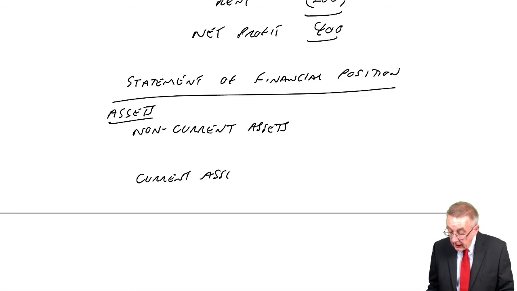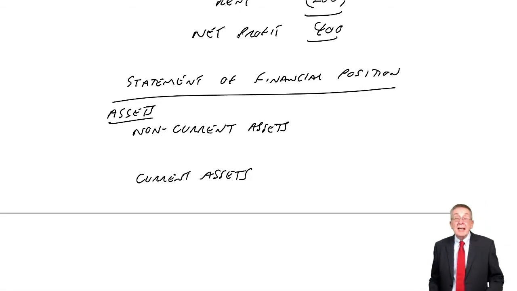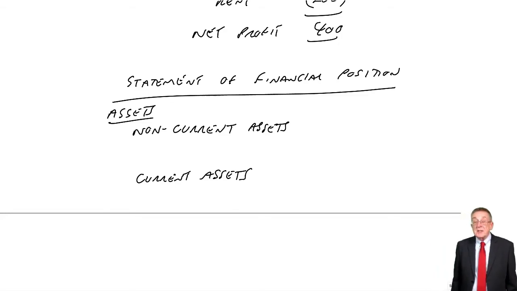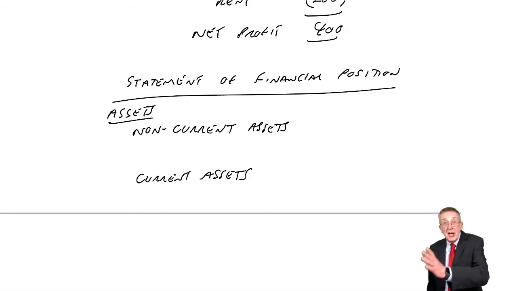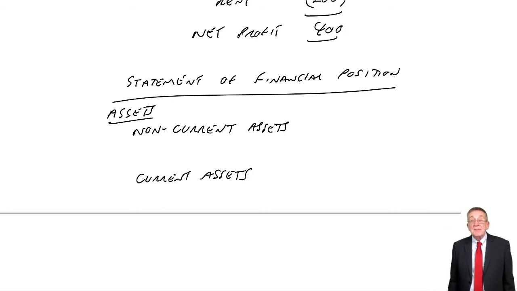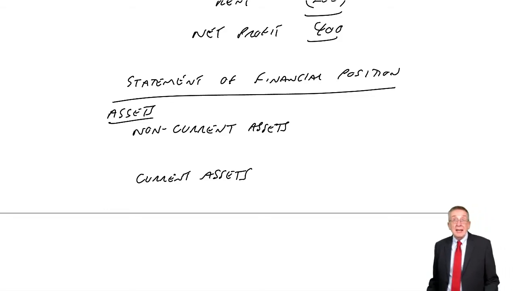And how do I know what they are? Well, there's no T account for the statement of financial position, but all the balances that are left in the T accounts are either assets, liabilities, or owner. And so all I do is list the remaining balances.